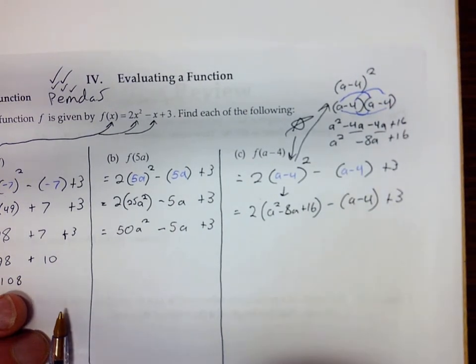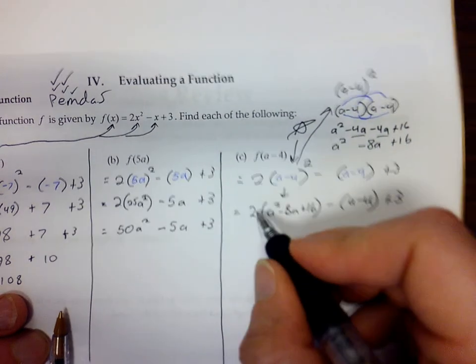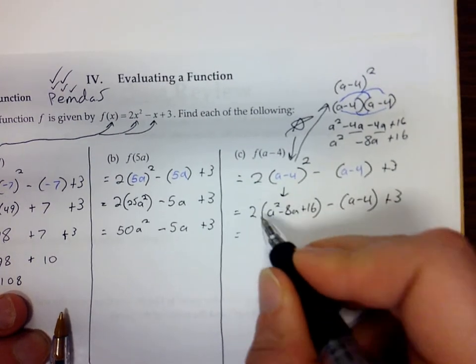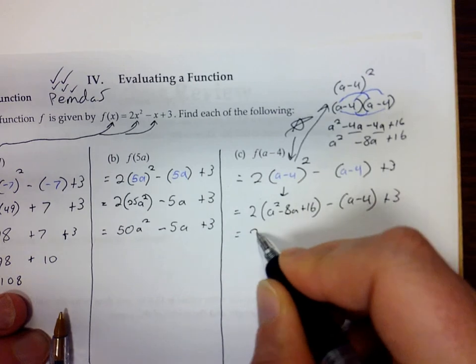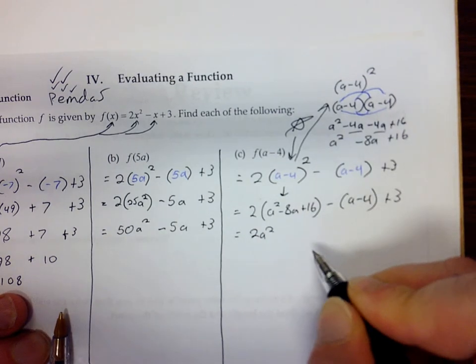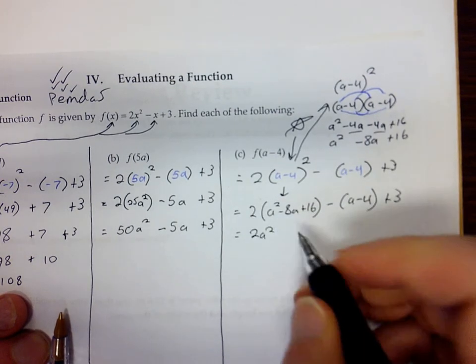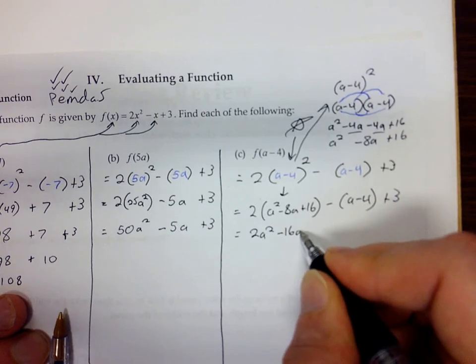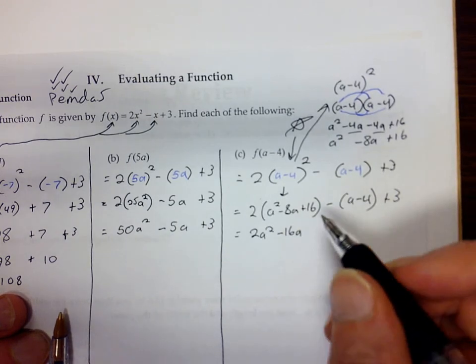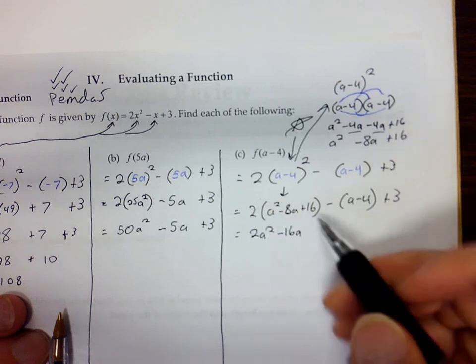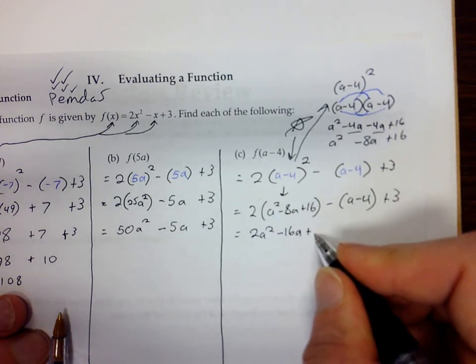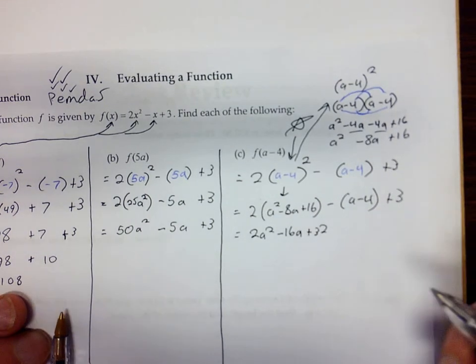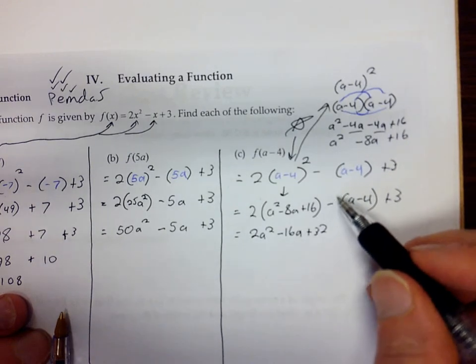All right. So now we can distribute. I want to distribute 2 to each of these. So 2 times a squared is 2a squared. 2 times negative 8 is negative 16a. And then 2 times 16 is 32.